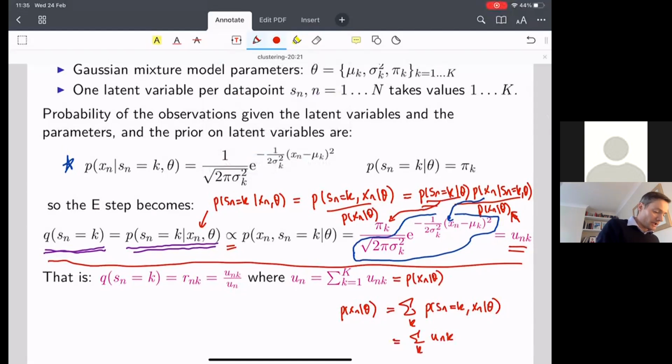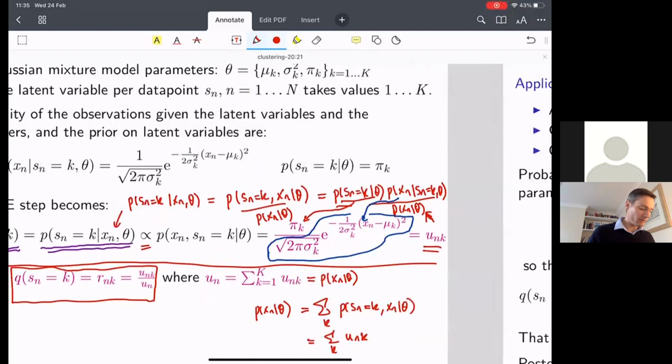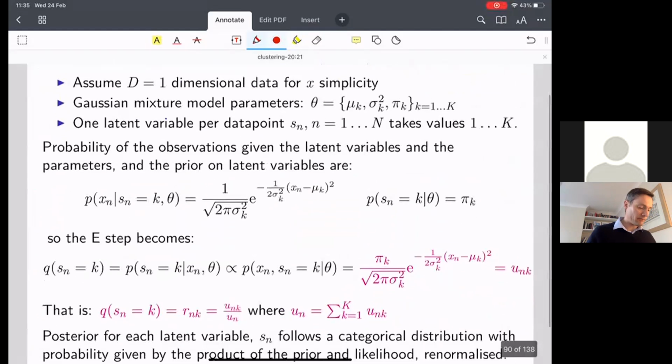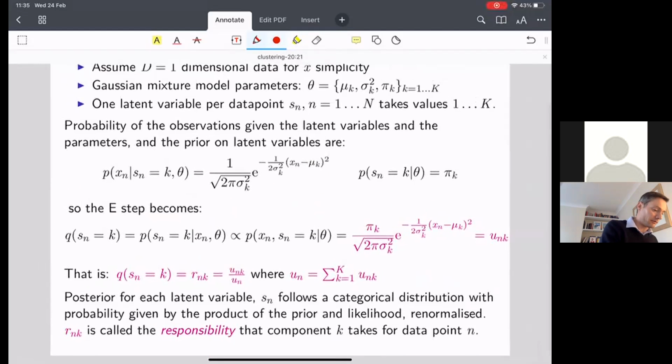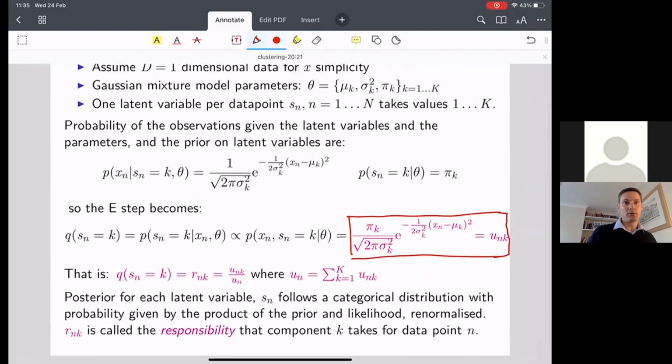Good, and then that means we can write down the full update in this way. So practically, on a computer, what you would do, let's fill this in in a very explicit way. You would implement this line. So for each data point and each cluster K, you multiply the prior probability pi k by the Gaussian, which depends on the actual observation here, of course.